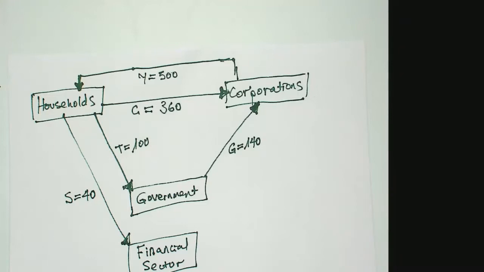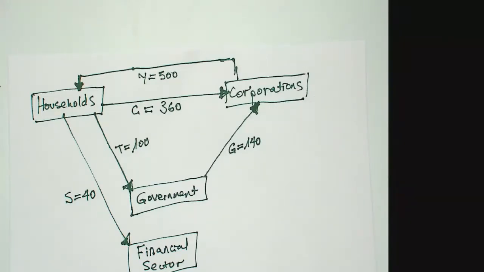We have also mentioned that there is a budget deficit of 40 euros, while the government is spending 140 euros but collecting only 100 euros in the form of tax, so they need to finance the remaining 40 euros from the financial sector, and they need to sell bonds to the financial sector.